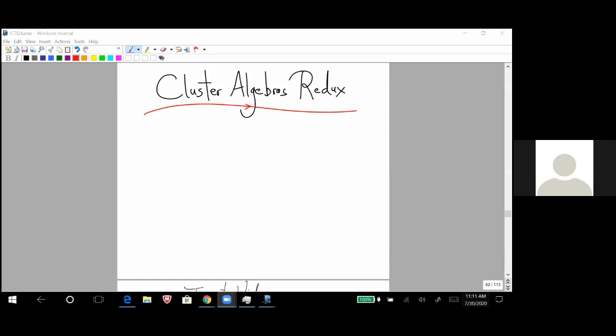If we take any collection of cluster variables that occur together in a quiver as we mutate, it is called a cluster. And if we take the G vectors for all the variables in a given cluster, that gives us a cone in the space in which these G vectors live. And the remarkable fact is that the cones are non-overlapping, and together they tile all of space.